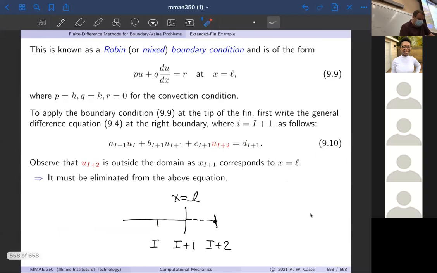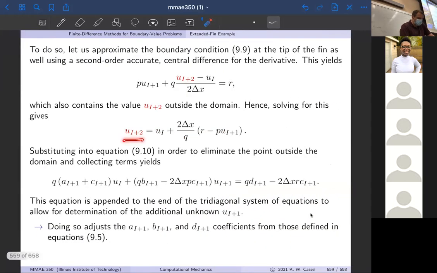And then I substitute it into here for U I plus 2. And then I'll no longer have a U I plus 2, because you'll notice once the U I plus 2 has been eliminated, it just gives me more U I's and U I plus 1's, which are fine because those are inside my domain. I do that, I collect all the terms together, and I get this.